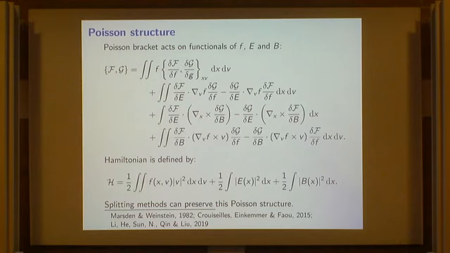This Poisson bracket comes from the paper by Morrison and Marsden and Weinstein, and then Aaron and co-workers realized that you can use a splitting method to preserve this Poisson structure, at least at the continuous level.